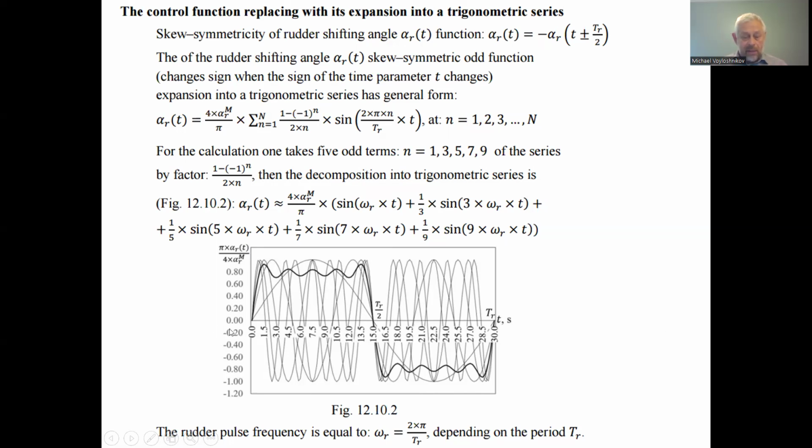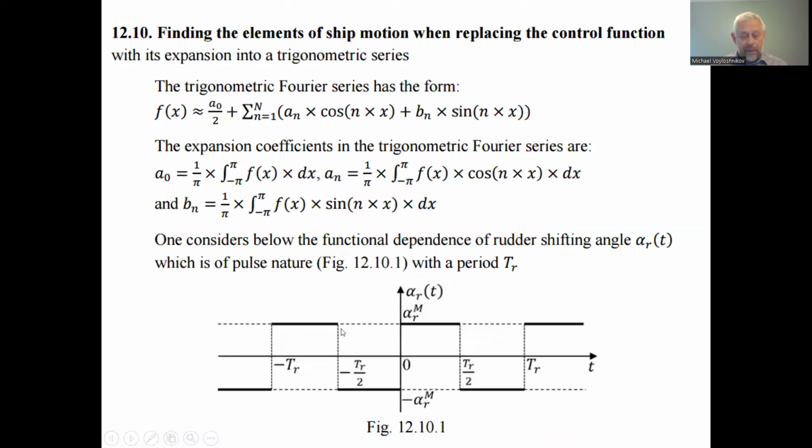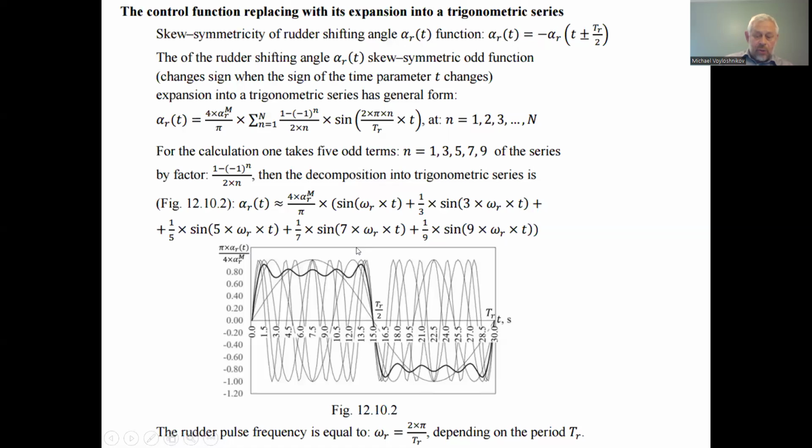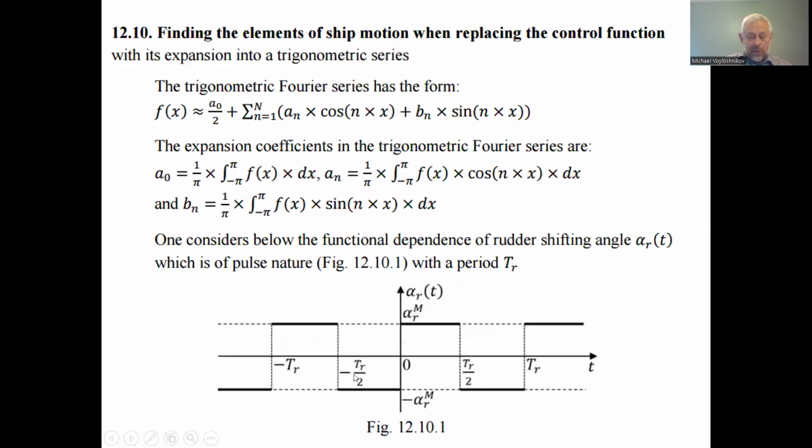So, this approximation by the solid line we have here indicates the total sum of the expansion of the angle of turning of the rudder by impulses. And each of the summands within the brackets here we can see by the thin solid lines, but the bold solid line we can see as the approximation of this function of the impulse nature.